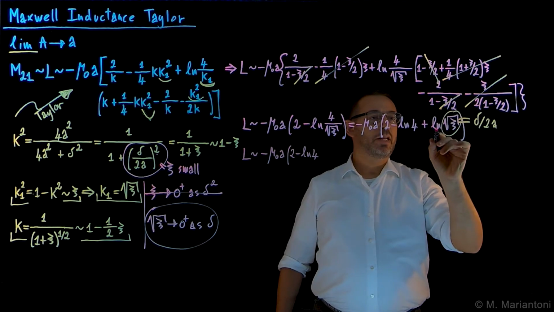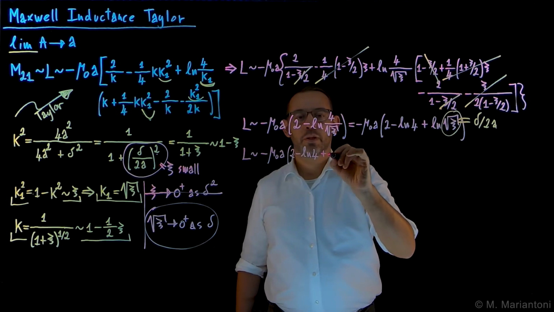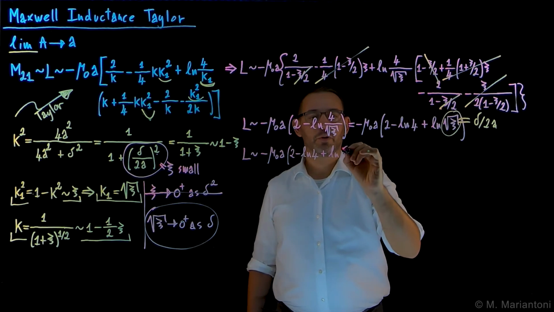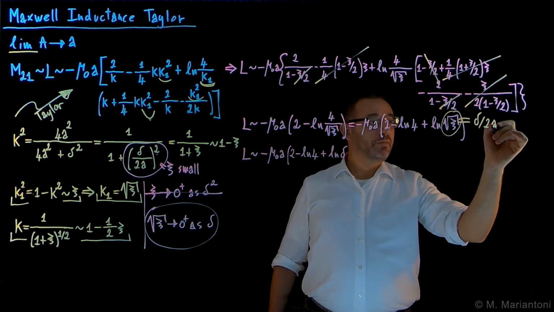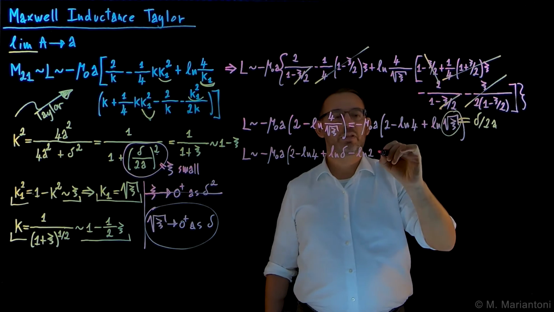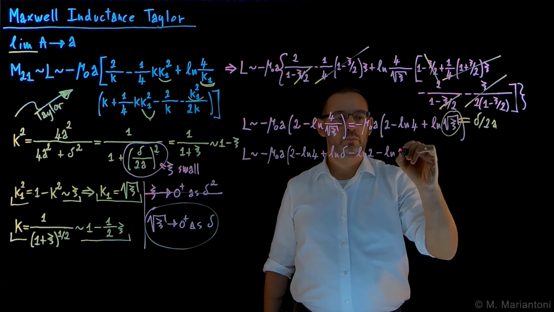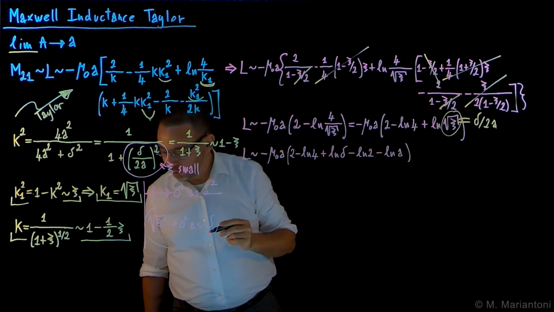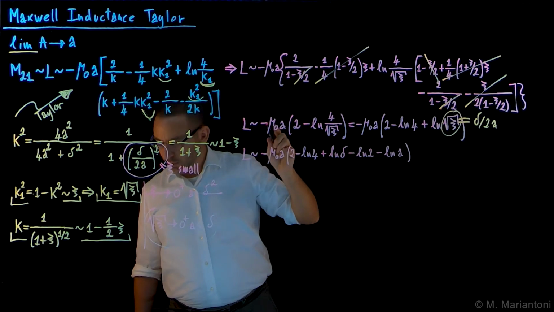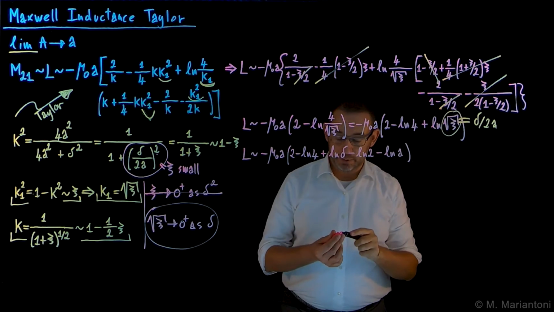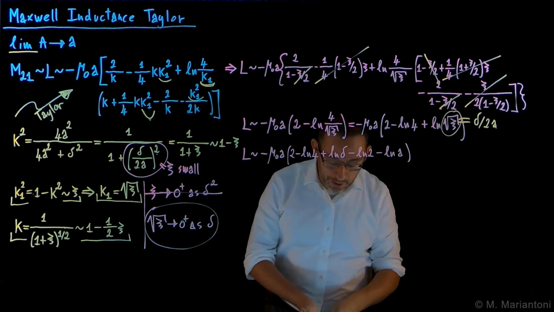Here we have the natural logarithm of delta in the numerator, so plus the natural logarithm of delta, divided by, so minus the natural logarithm of 2, minus the natural logarithm of small a. And this is 1, 2, 3, 4, 5 terms. Let me cross-check that they're all correct. 2 minus logarithm of 4, plus logarithm of delta, minus logarithm of 2, minus logarithm of a. Perfect. These are exactly the terms we want. Okay, so far so good.